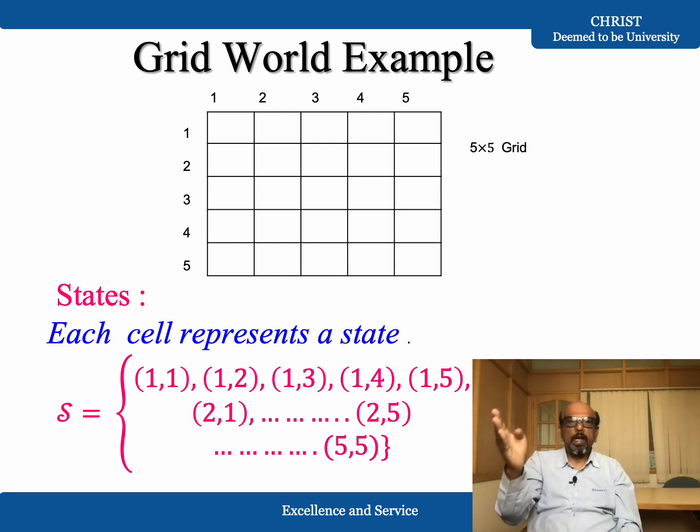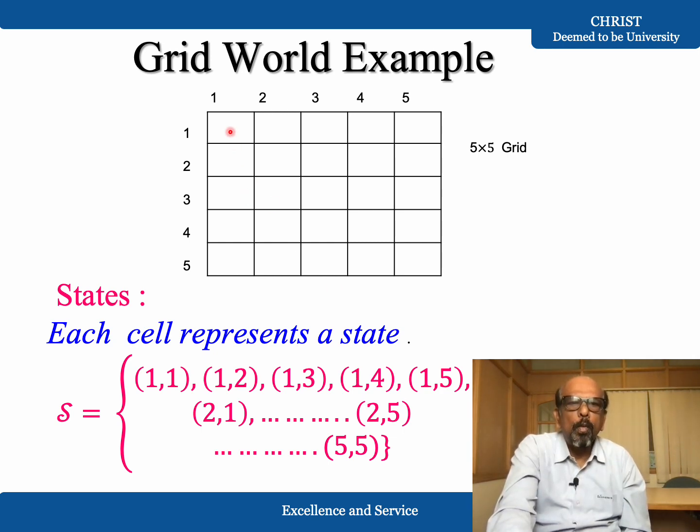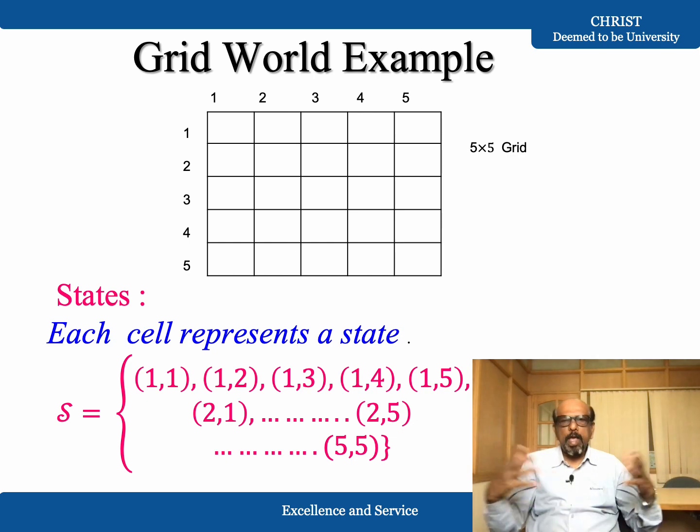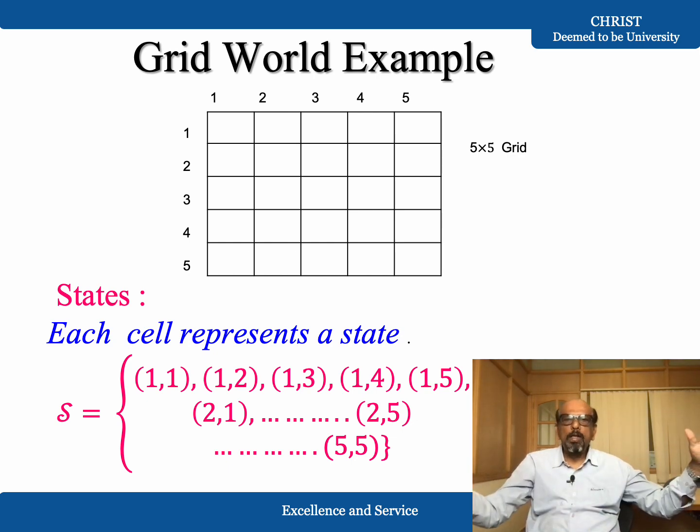Then the right side, 1,2, 1,3, 1,4, 1,5. So this is 1,1, 1,2, 1,3, 1,4, 1,5. 2,1, 2,2, 2,3, 2,4, 2,5. In a similar manner, it goes up to 5. So this is the state space, the space consisting of all possible states.